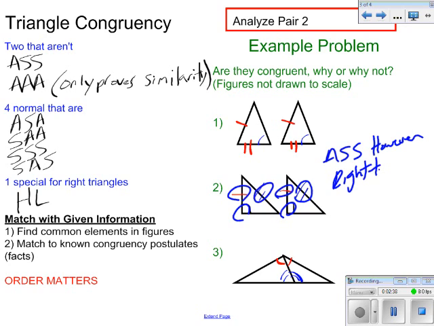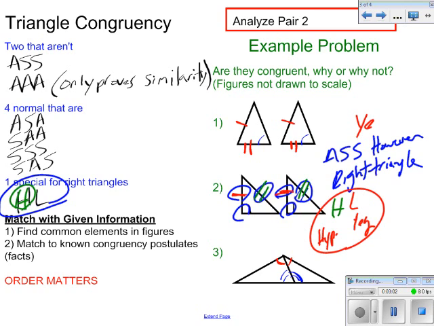However, if you'll notice, this is a right triangle. Because it's a right triangle, of the two sides we were given, one was the hypotenuse and another one was a leg. Because it's hypotenuse leg, that shows that those two right triangles must be congruent, because again, that's a special rule, hypotenuse leg. Alright, and that's our second example.